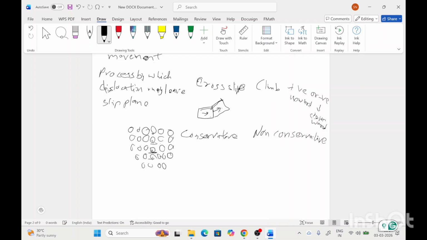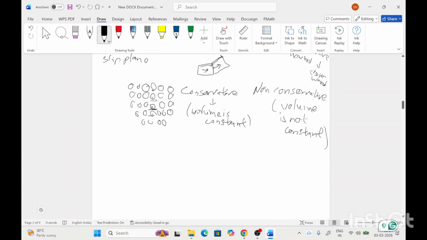Conservative, non-conservative means that during cross slip the volume is constant, but in the non-conservative case the volume is not constant, because when we remove or add an atom, a very slight change in volume happens. So the climb results in volume change. So it is non-conservative, and the screw dislocation motion is conservative.